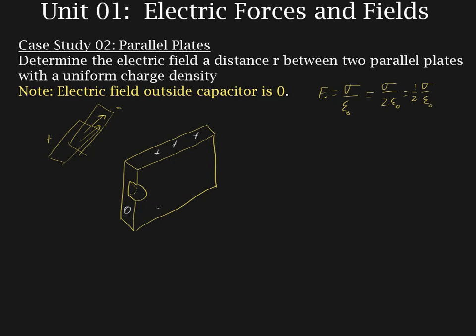The Gaussian surface is going to poke into this conductor, and we have another conductor on the other side, but we're not going to put the Gaussian cylinder into that other conductor. It's going to terminate somewhere in between the two plates. Okay, so our Gaussian cylinder is going to be in here.